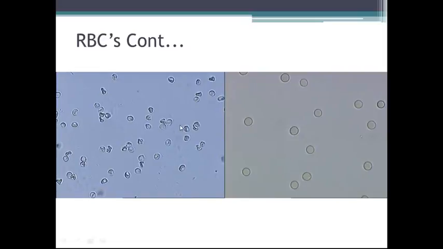So here's a picture of red blood cells, and you can see the concaveness of them. And here's another picture of the red blood cells in a swollen fashion. Some of these are a little crenated, meaning a hypertonic solution. These might be a little bit more swollen red blood cells, meaning a hypotonic solution.